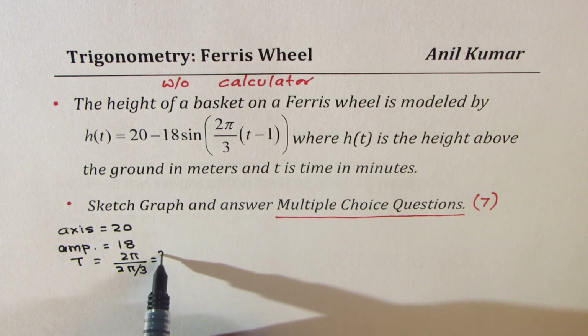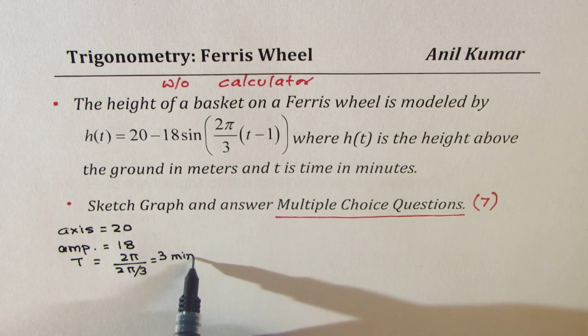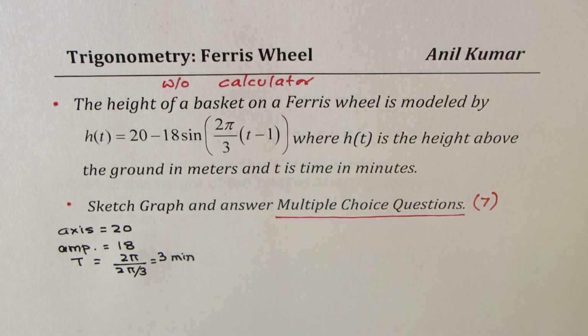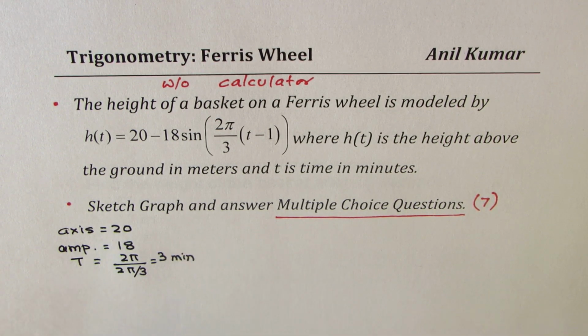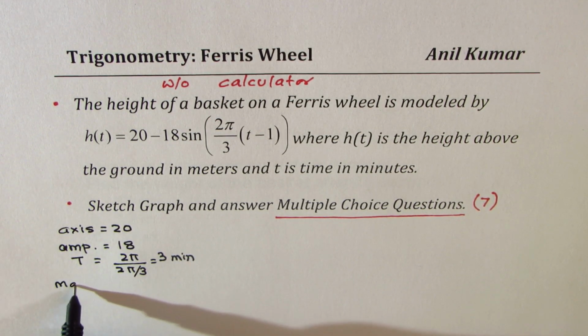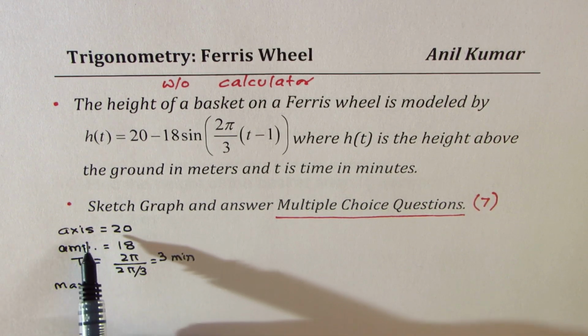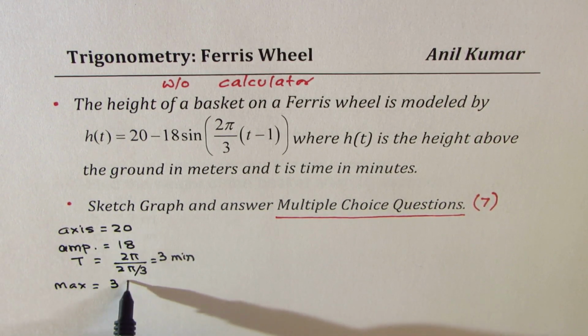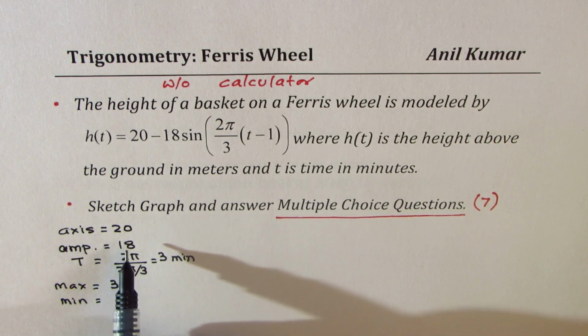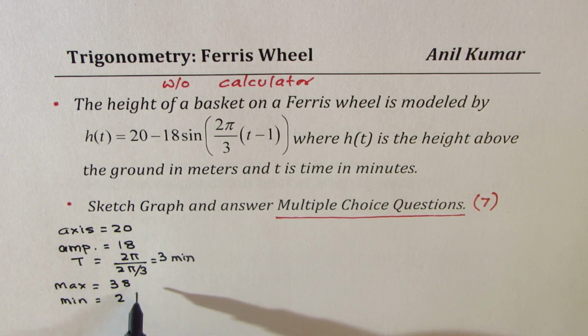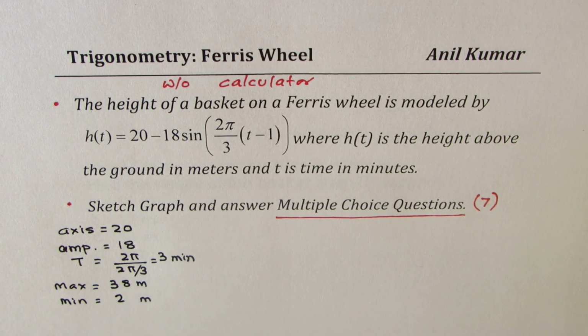So it is 3, and the units are minutes. So the time period is 3 minutes. Now from here you can always get the maximum and minimum. The maximum will be axis plus amplitude, which is 38, and the minimum is going to be the difference, which is 2, and the units are in meters.